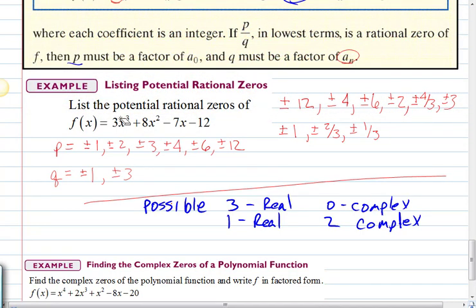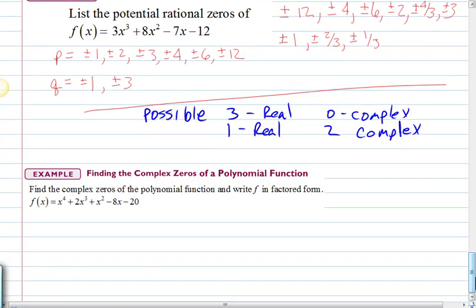So if I have a polynomial of degree 3, then I could have no complex roots and have 3 real, or I could have 1 real root and then a conjugate pair, which would be 2 complex roots. Can you have 1 complex? No, because they come in pairs. They come in 2s: a plus bi, a minus bi. So you can't have an odd number of complex roots.